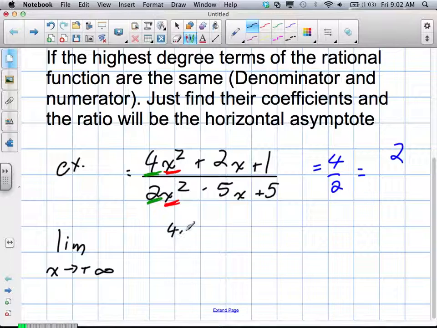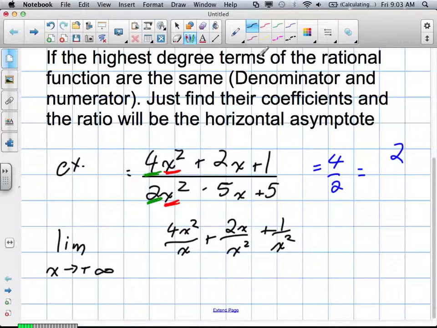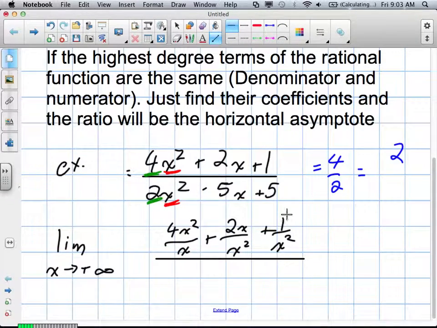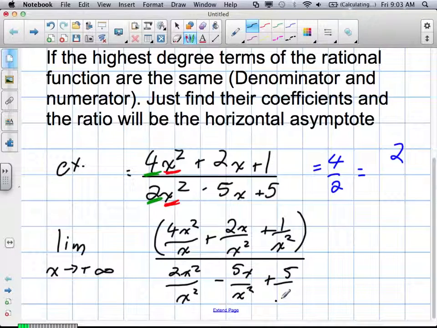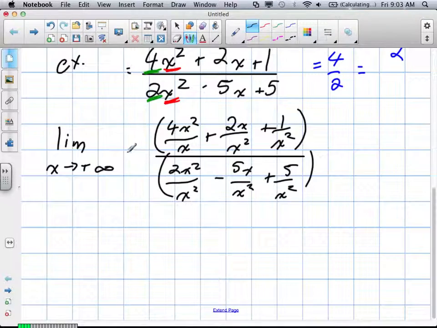So I would have 4x squared divided by x squared, 2x divided by x squared, and 1 divided by x squared, all over 2x squared divided by x squared minus 5x divided by x squared plus 5 divided by x squared. The reason we're doing this is to take it out like a common factor.